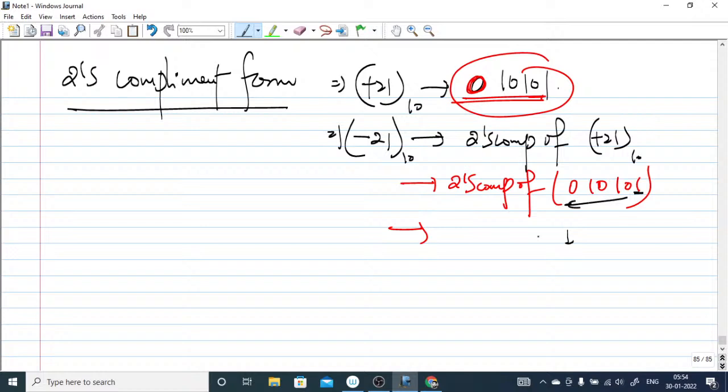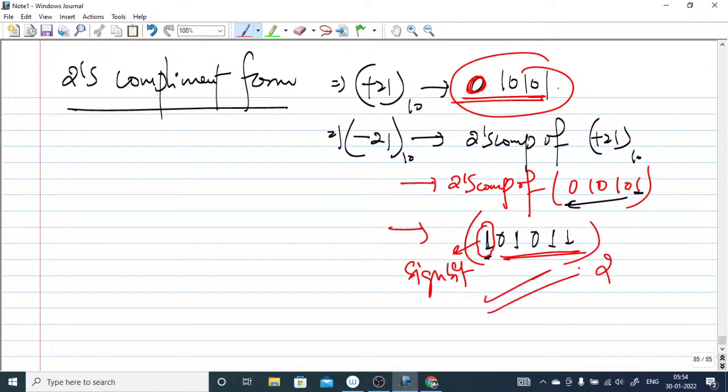So this will be 1 0 1 0 1 1. This leading 1 represents the sign of the number, because the sign is negative, so there is a 1. This is the sign bit, and the rest represents the magnitude. So this is how we represent it. I hope this is clear for everyone.